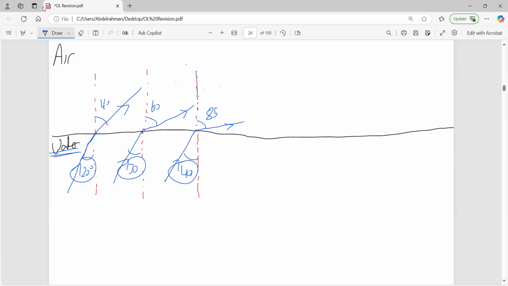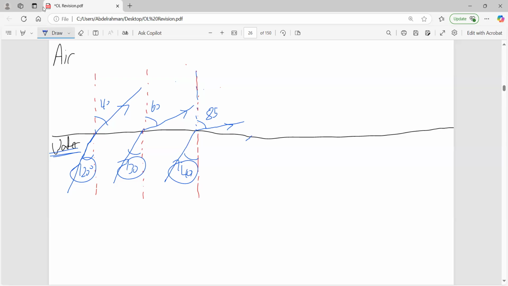You don't need to memorize any critical angle because it would differ from medium to medium. The critical angle sometimes could be around 42, 45. It could reach up to 50. So the critical angle is always different if you're changing from one medium to another. For water, I guess the critical angle is maybe around 49 or something.